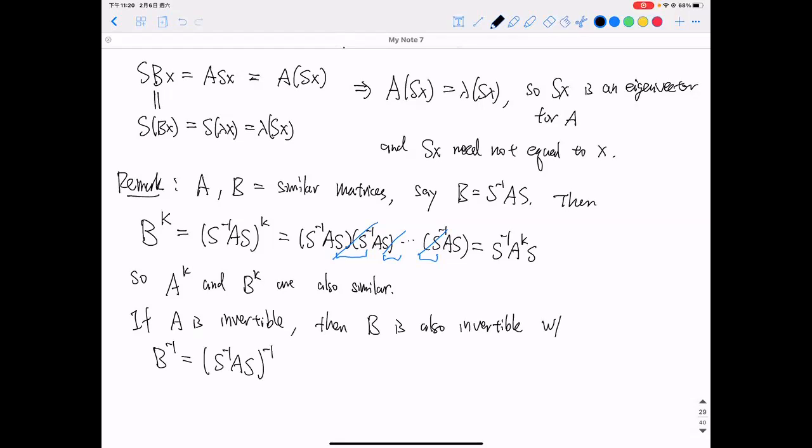B inverse, if it exists, is the inverse of S inverse AS, so according to the property of inverses, it's that. The fact that this expression makes sense shows that B is invertible, and this is the inverse of B. And secondly, this equality tells you that A inverse and B inverse are also similar.